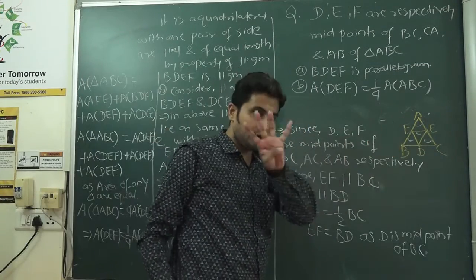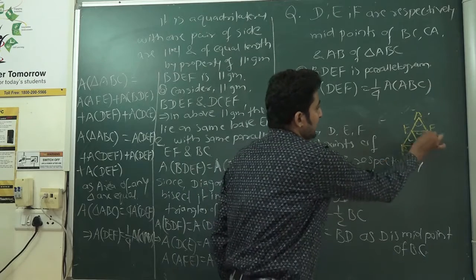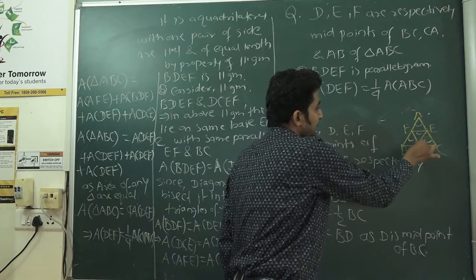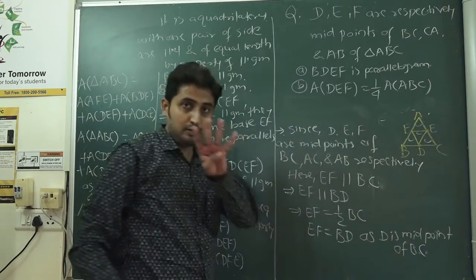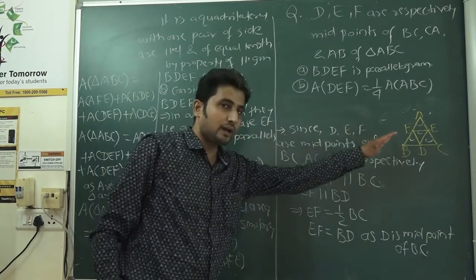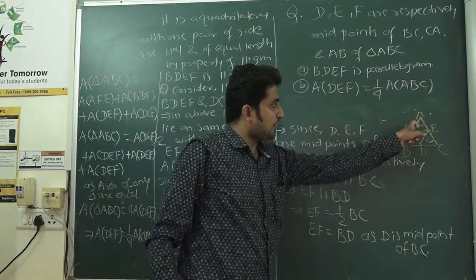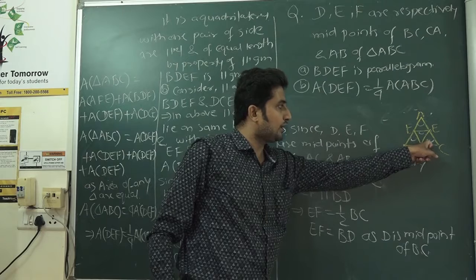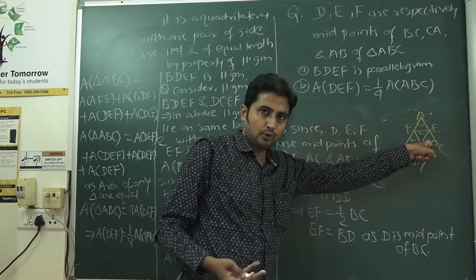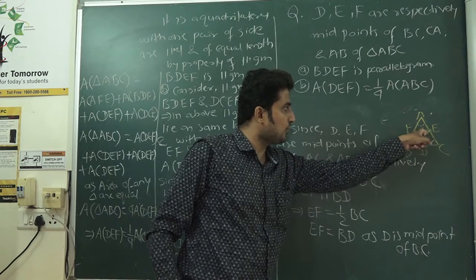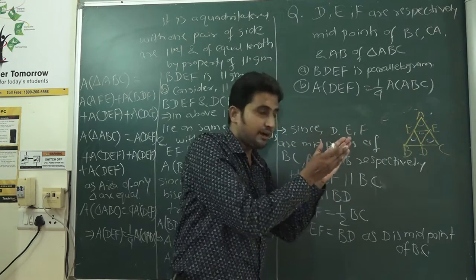We are equating different parallelograms, and each parallelogram has its own diagonal. That's why it will divide.